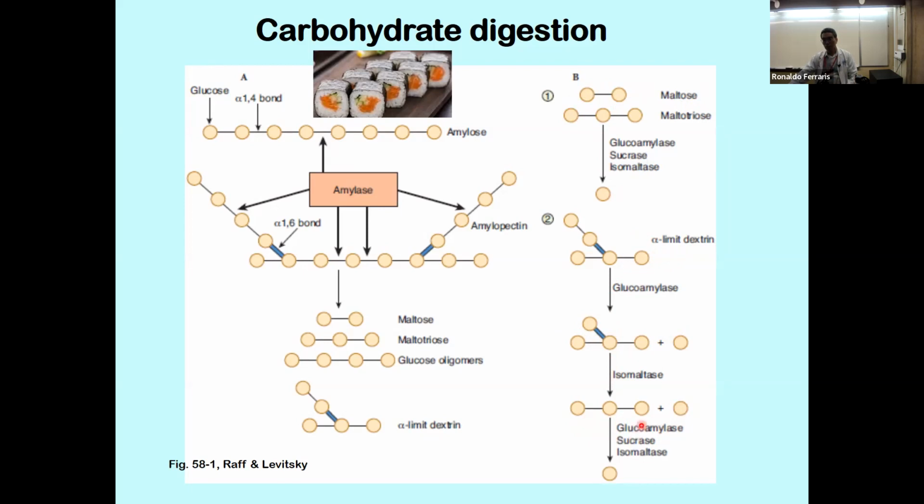Then these chop this up more to liberate glucose molecules. So from your sushi, most of it just becomes free glucose molecules. Very simple. Most of this activity is occurring in the lumen, on top of the mucosa.